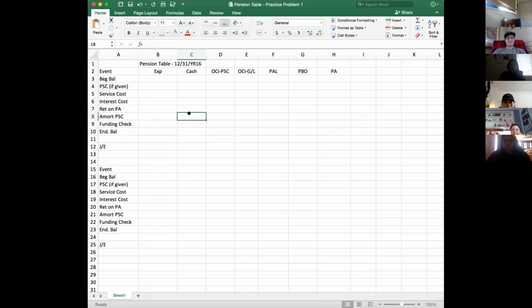All right. For expense, we don't have any beginning balance. Prior service cost will just affect the OCI column. Let's start with the service cost. So in here, let me see if I have a way to show you the Word document along with the Excel.